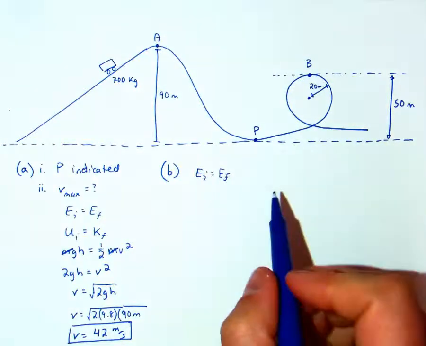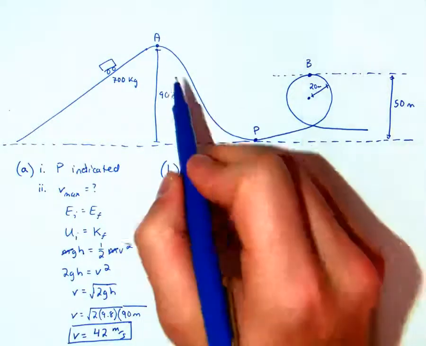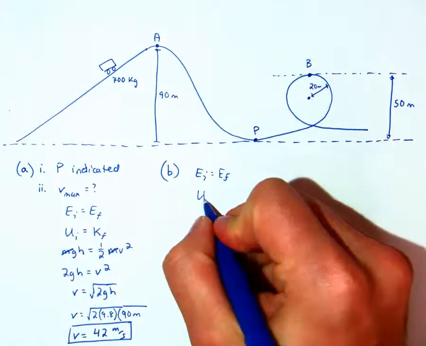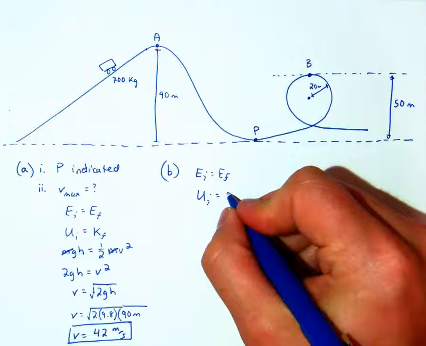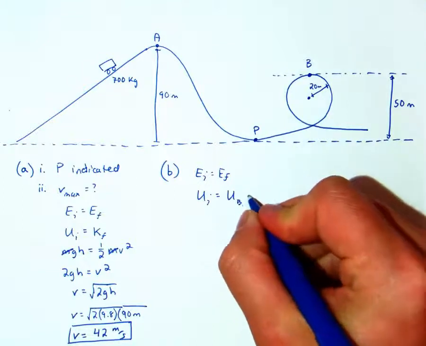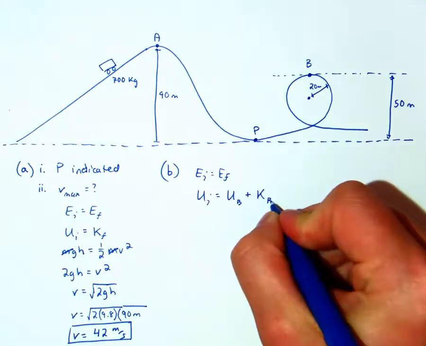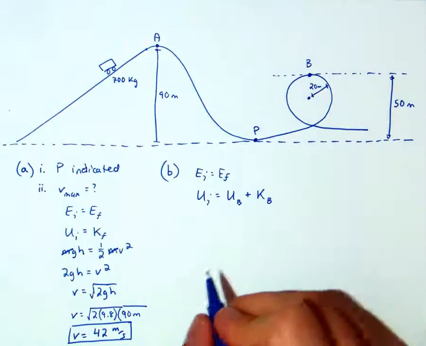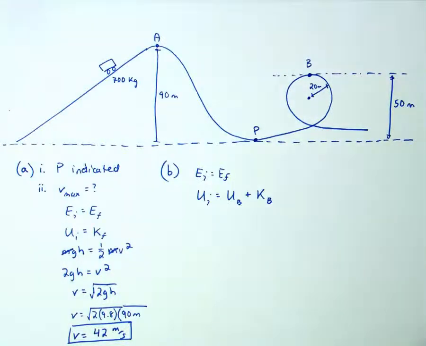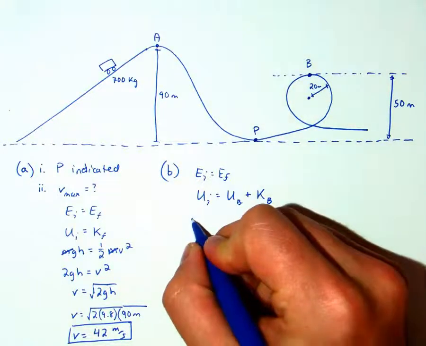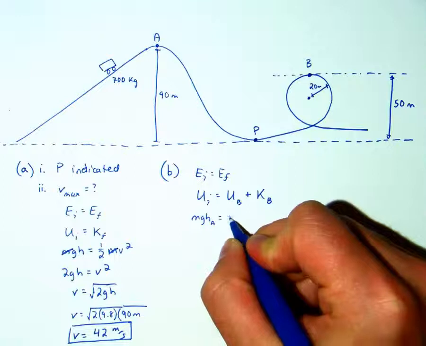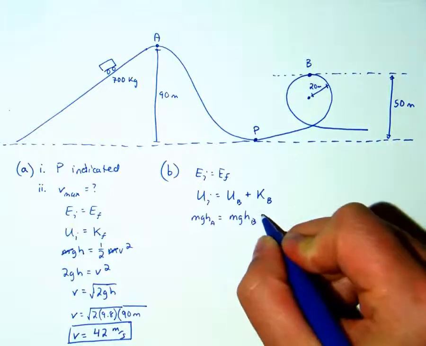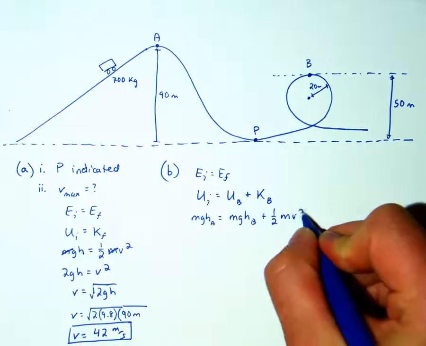and the initial energy, all of the mechanical energy in the system, is the potential energy at point A. So our initial potential energy is going to be equal to the potential energy at point B plus the kinetic energy at point B. As we make a very simple substitution here, we will see that mgh at A is going to be equal to mgh at B plus 1/2 mv squared.